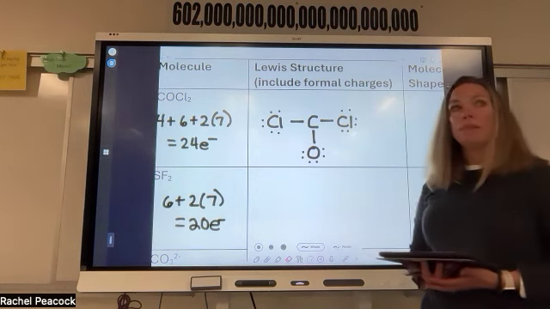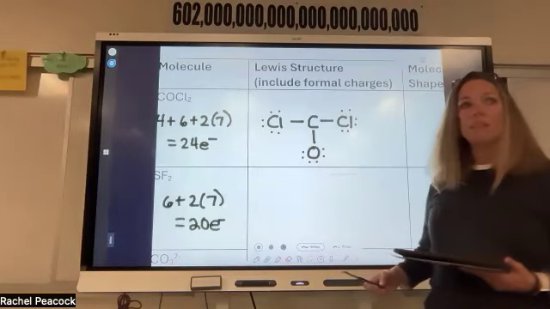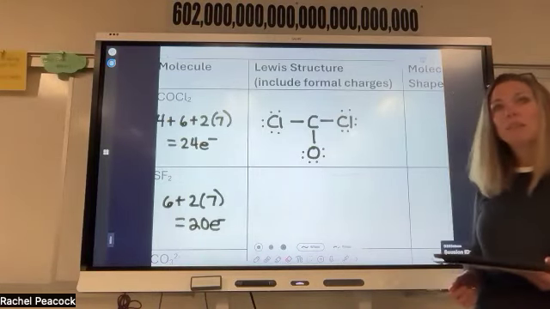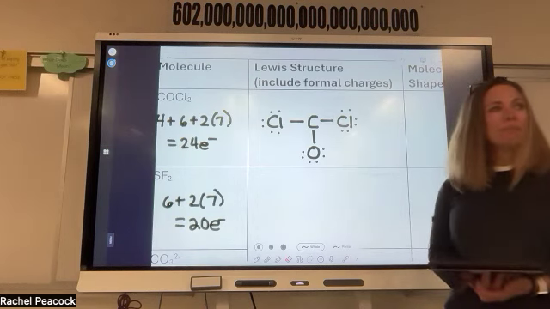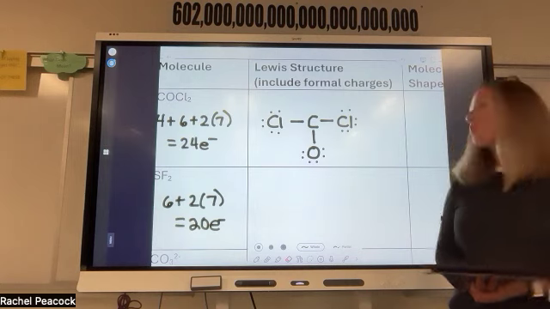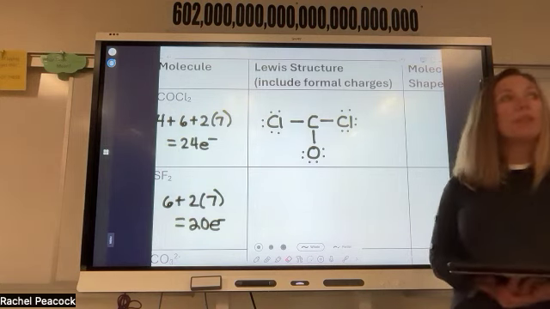It's -1, right? Because 6 minus 7 is -1, correct? Okay. And what's the formal charge on carbon right now? +1, because it has 4 valence electrons and it's only showing 3.